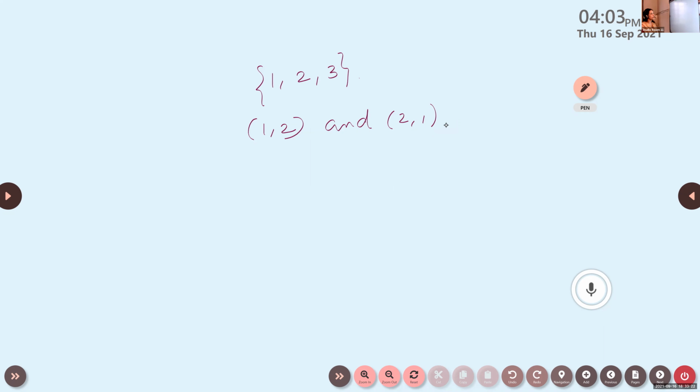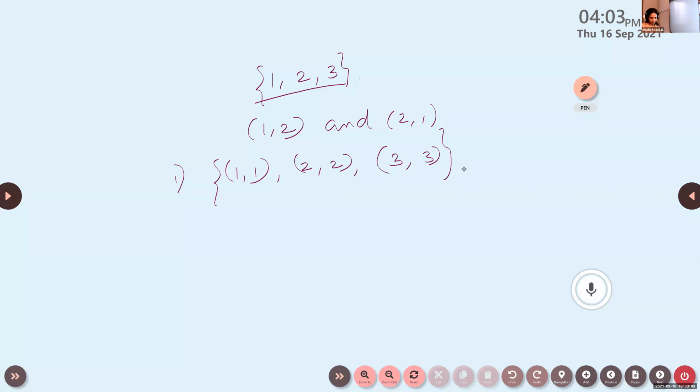Listen, all of you. If 3 elements are given, first of all it should be reflexive, which means 1, 1, 2, 2, 3, 3 should be there. Now, if I write only these 3 elements, is it an equivalence relation? It is reflexive.